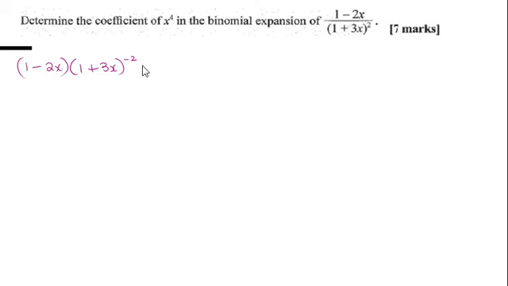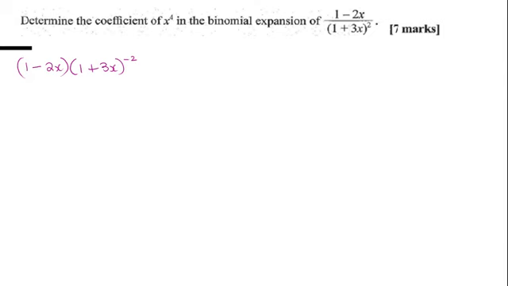So negative 2x times the x cubed term from here would give us x to the 4. So basically, all we need are the two terms from this expansion. We need the x cubed term and the x to the 4th term. All right, so that's what we're going to be looking at.